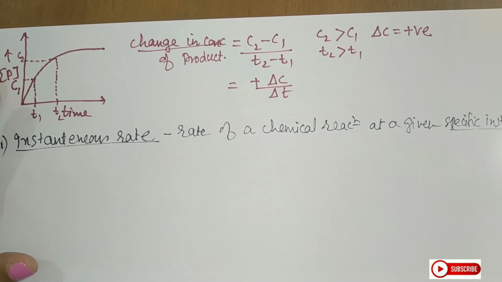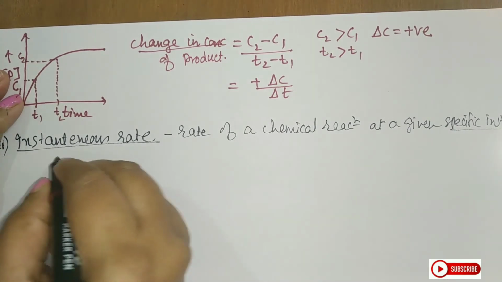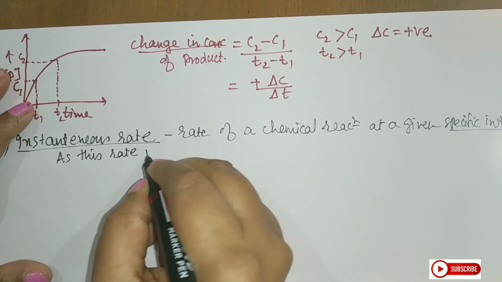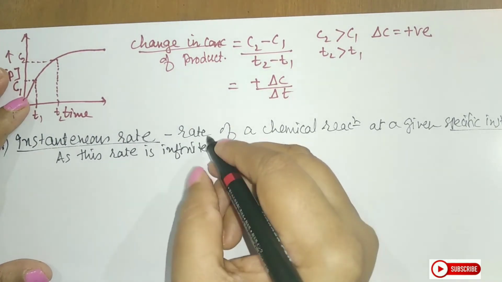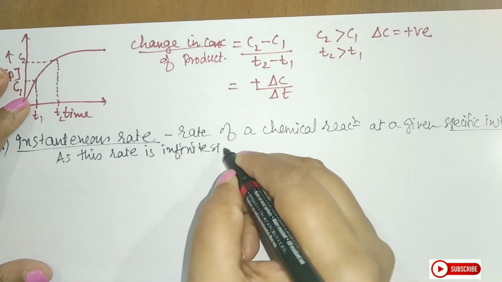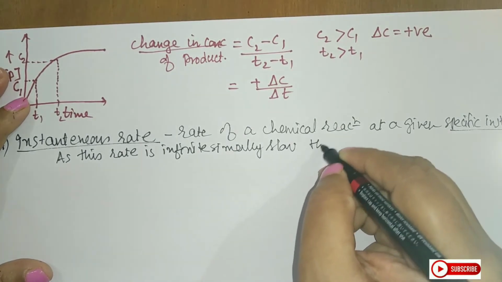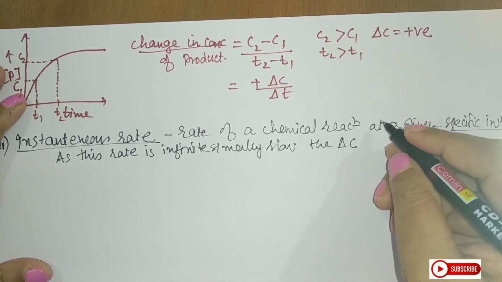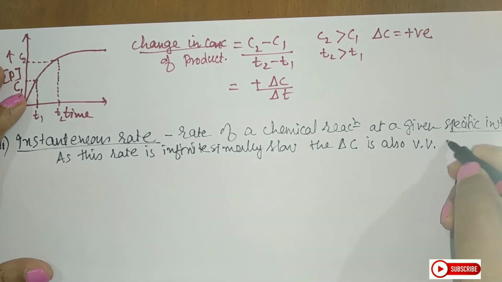And so the change in the concentration is also infinitesimally slow. So as this rate is infinitesimally slow, the change in the concentration is also very slow or less.